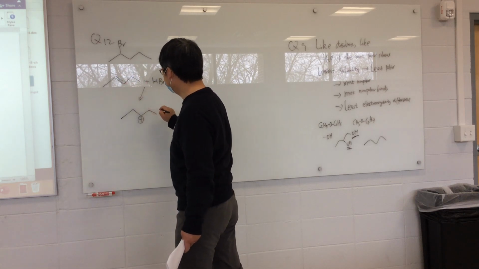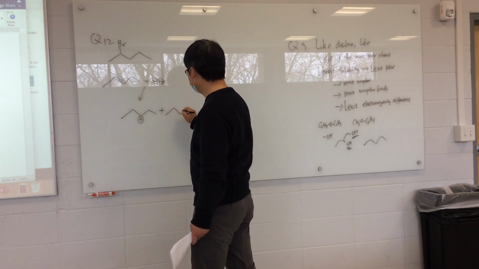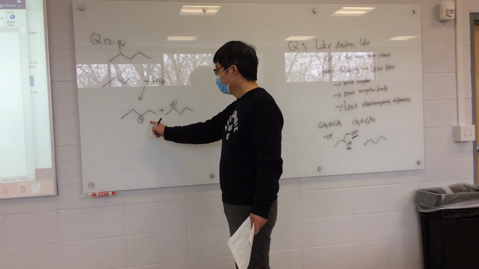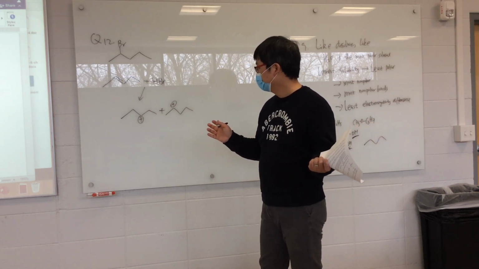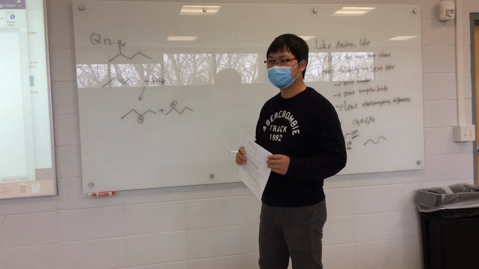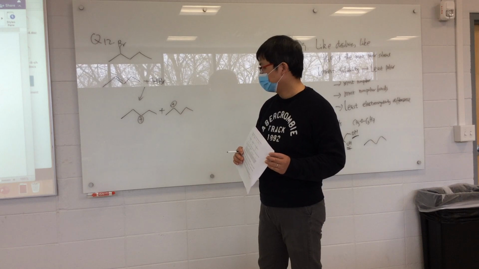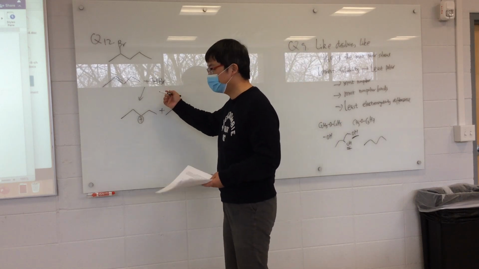If it attacks there, we get a positive charge there. They are both secondary carbocations. Therefore, they are not much different in terms of stability, so both of them can occur.